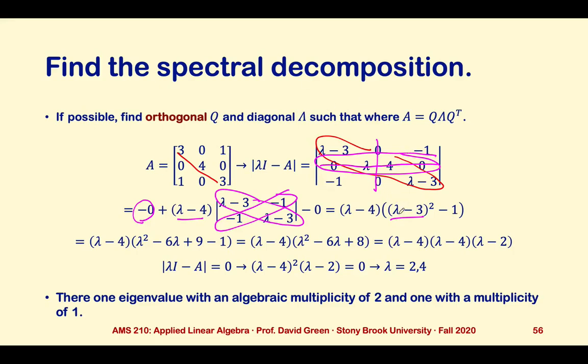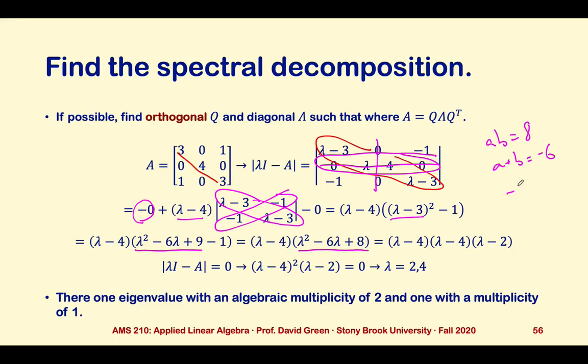Multiply out the lambda minus 3 squared is lambda squared minus 6 lambda plus 9. Subtracting the 1 takes us to lambda squared minus 6 lambda plus 8. We're looking for a pair of numbers whose product is 8 and whose sum is -6.